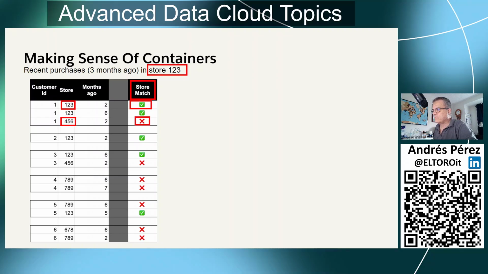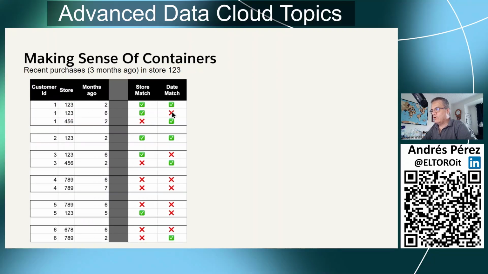Okay? All right, good. What about the date match? 3 months ago. This was purchased 2 months ago. That matches. This was purchased 6 months ago. It does not match. Okay, so far so good.